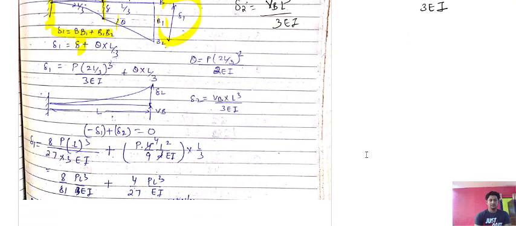So I have made the equation: minus delta 1, because it is going downward, plus delta 2 should be equal to 0. Ultimately we have to ensure that the deflection at point B is 0, because there is a roller support. So now put the value of delta 1 which you calculated earlier, and put the value of delta 2, that is this one. I hope this point is clear with you.